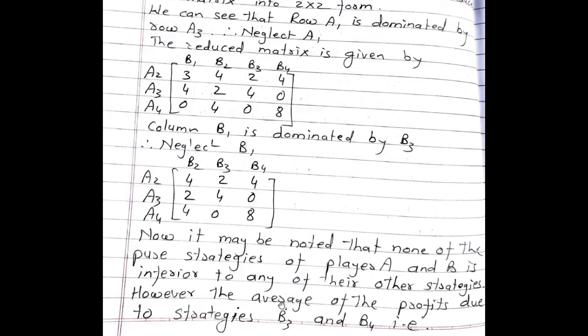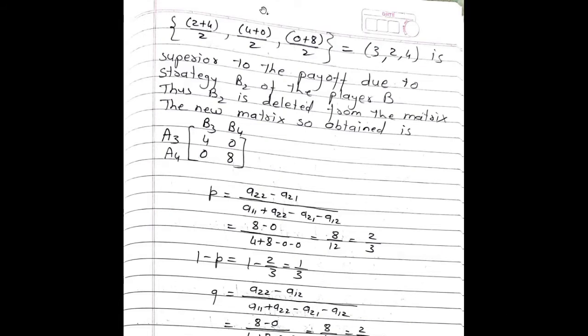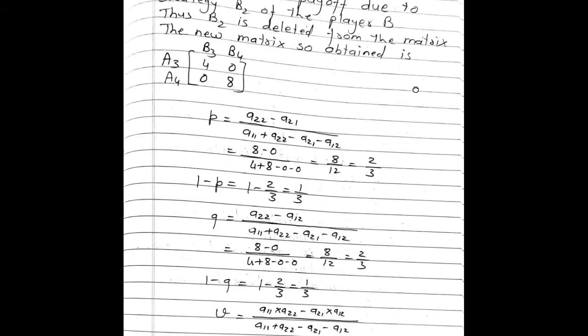However, the average of the profits due to strategies B3 and B4, that is (2 plus 4) upon 2, (4 plus 0) upon 2 and (0 plus 8) upon 2, so that becomes 3, 2, 4, is superior to the payoff due to strategy B2 of player B. Thus B2 is deleted from the matrix and the new matrix obtained is B3, B4, A3, A4. So it's a 2 by 2 matrix. We will solve according to our routine procedure.